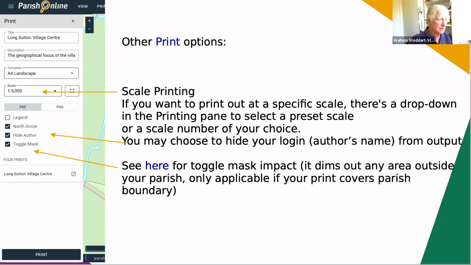It's a matter of choice, and it can be useful, but occasionally we get people calling up and saying, why does my printout come out as much lighter and less colorful than what's on the screen? And it's because they've got the toggle mask on when they really ought to be off.